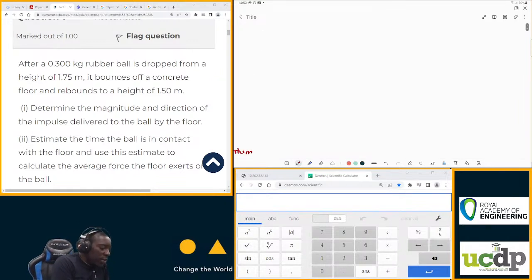Remember, when the ball is dropped from a height h, it has a potential energy given by mgh, and at the point of contact with the ground, it will have a velocity such that the kinetic energy is equivalent to the magnitude of the potential energy.